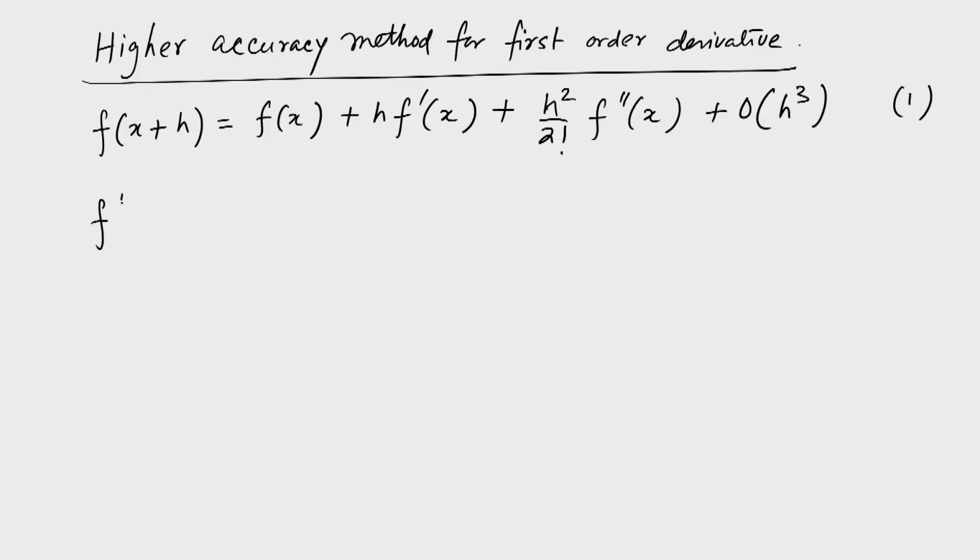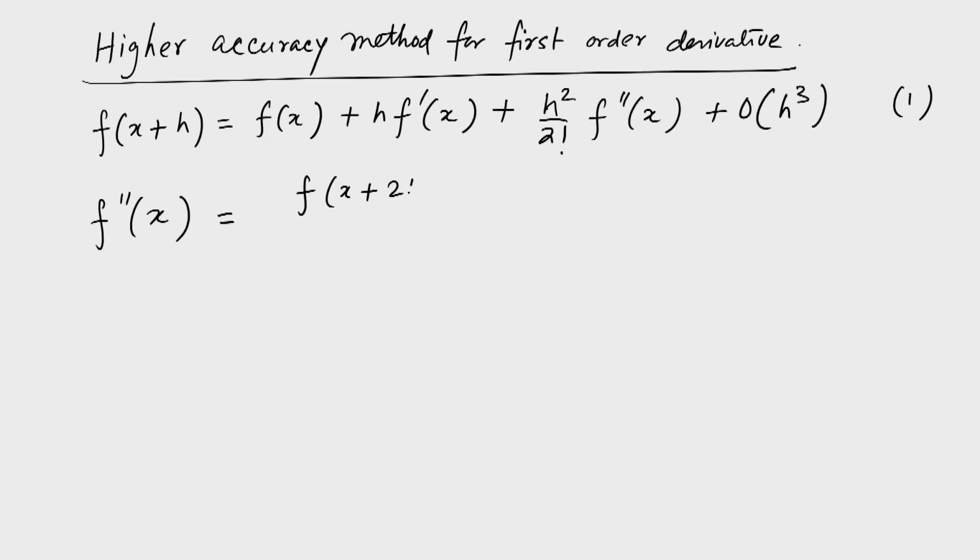But here, instead of that, we will include the definition of the second order derivative and get an improved, more accurate estimate of the first order derivative. To remind you, the second order derivative necessarily involves 3 points, which could be f of x plus 2h, f of x plus h and f of x, or it could be f of x plus h, f of x and f of x minus h; it does not matter.